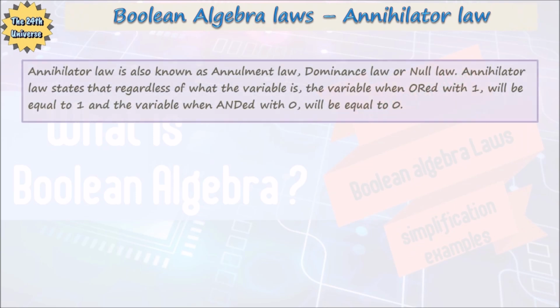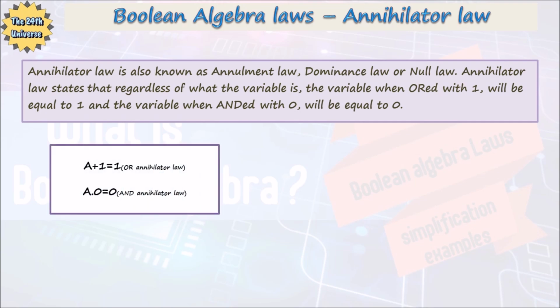Annihilator law. Annihilator law is also known as the annulment law, dominance law, or null law. Annihilator means to destroy something entirely. Here the constants 1 in OR operation and 0 in AND operation destroy the variable in the respective Boolean expression. OR annihilator law, A or 1 is equal to 1, and AND annihilator law, A and 0 is equal to 0.